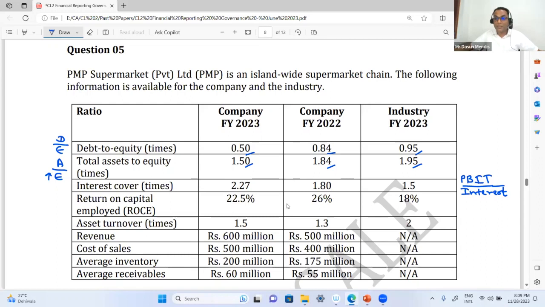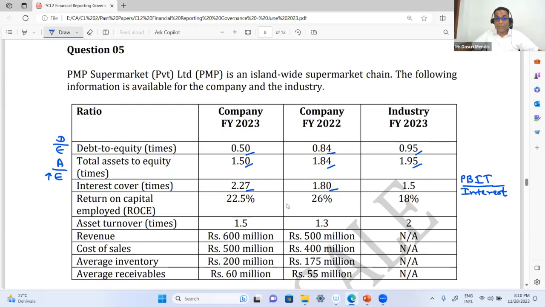By your operating profit, how many times can you pay your interest? So it is always good to have a higher interest coverage. Now, if you look at last year, it was only 1.8 times. So you can pay your interest 1.8 times from your operating profit. This year, that has gone up. You can pay your interest 2.27 times, right? By using your operating profit.